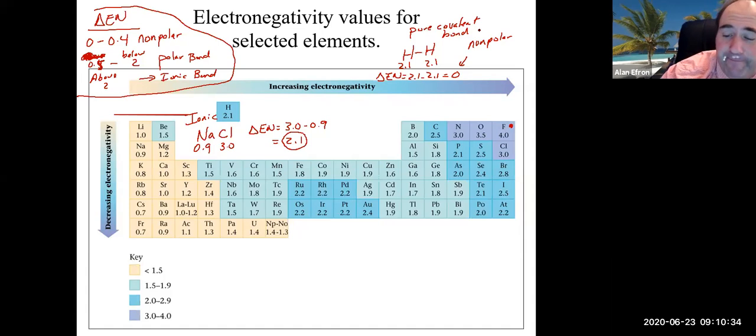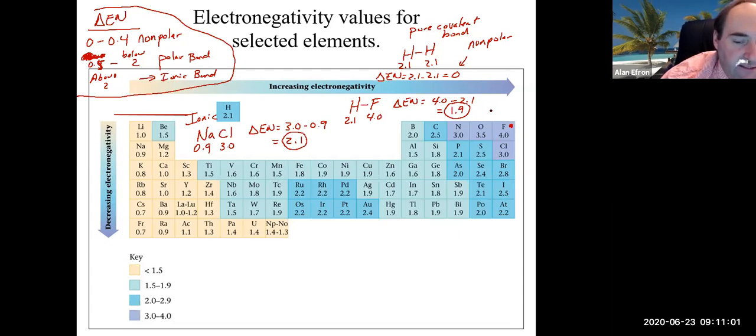Now, if we look at HF, which is the other one that we had up there, hydrogen is 2.1, fluorine is 4. So if we do the difference in electronegativity, that is 4 minus 2.1, and I want to say that's 1.9 in terms of the difference when you subtract them.